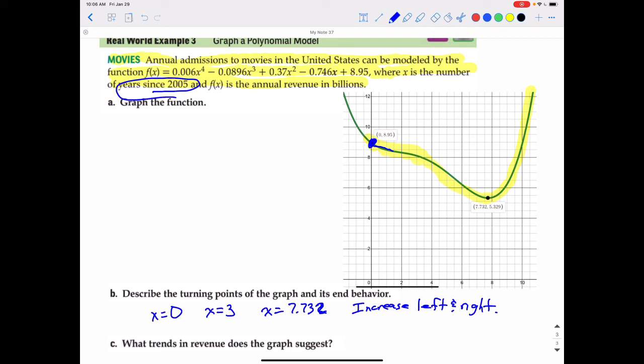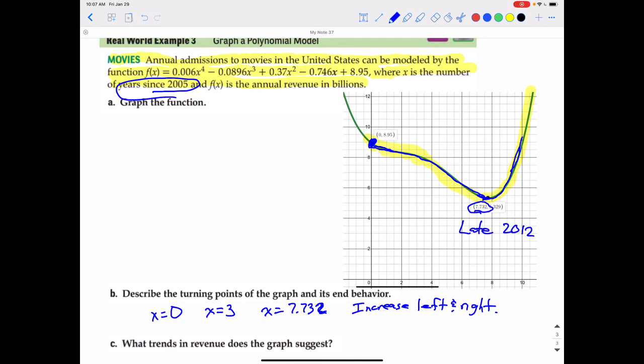So from 2005 to this point down here, which would be late 2012. And the reason it's late 2012 is because if you add 7.732 to 2005, that gives you sometime after July of 2012. So in late 2012, the revenue at movie theaters started to increase dramatically.